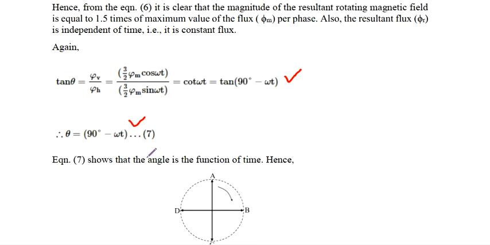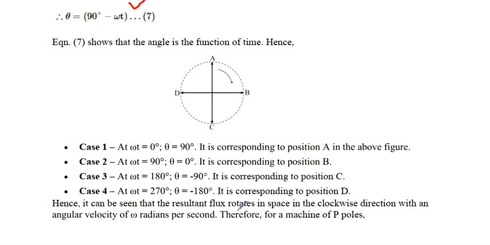So from this what you can understand is, while you vary the time, that is omega t, the theta will be varying. That means the phi r resultant flux will be continuously displacing, or it is varying its position with respect to time. So how is it varying? If you consider omega t equals 0 degrees, theta will be 90 degrees. Then at omega t equals 90, theta will be 0.